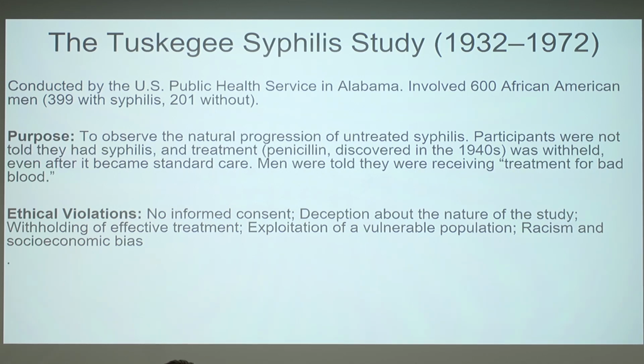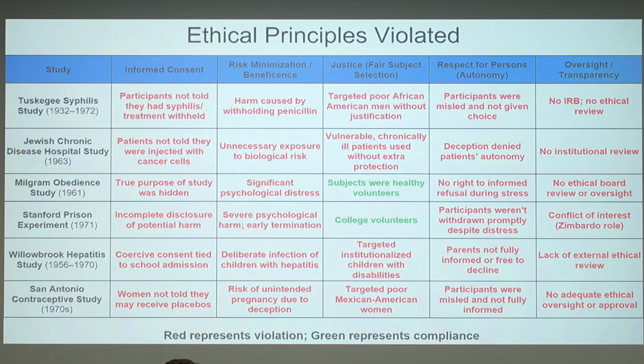So all of these different ethical violations occurred in this study. If we look at these different study types, some that I didn't talk about, everything in red were the principles violated, and in green, the principles were not violated. So you see that they just didn't care.